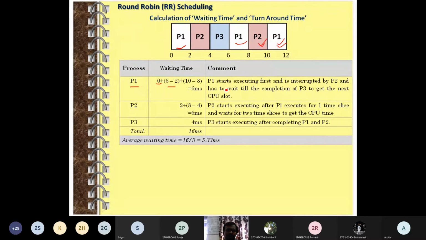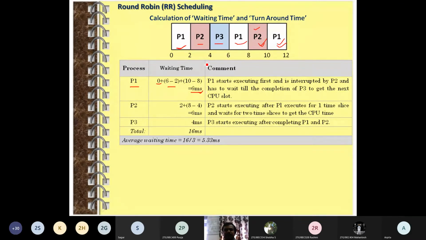Considering all these waiting times, it is 6 milliseconds total: 2 milliseconds for P2, 2 milliseconds for P3, which is 4 milliseconds, then 2 for P2 again, so in total 6 milliseconds.